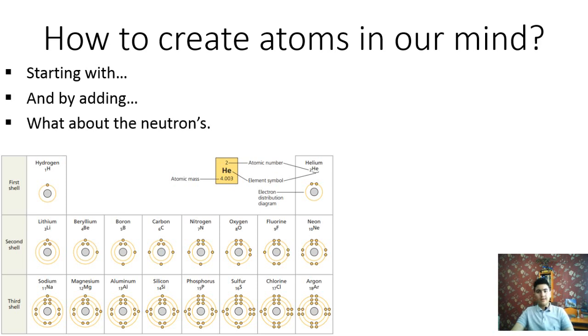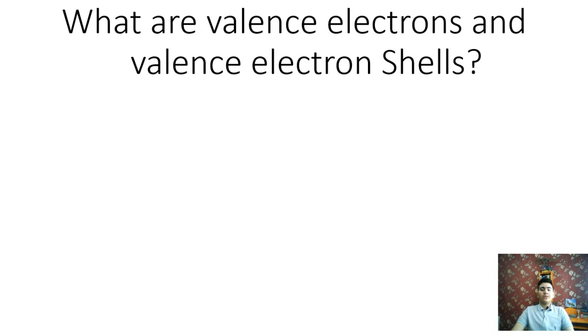So let's continue. The chemical behavior of an atom depends mostly on the number of electrons in the outermost shell. This is a better way of saying what the chemical behavior of an element depends on: not on all the electrons, but mostly on the electrons in the outer shell.